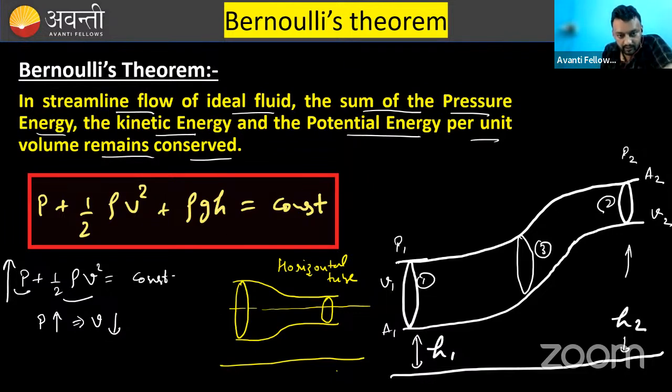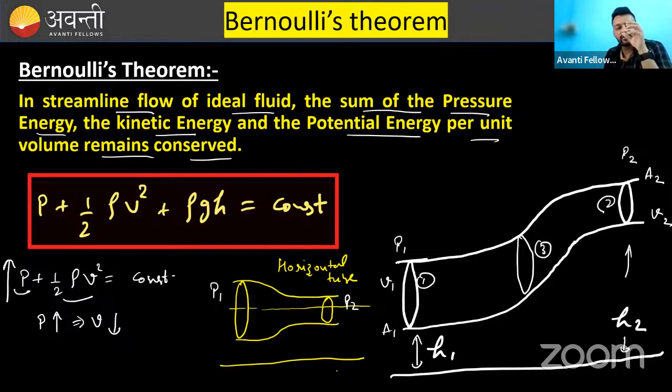Now, answer one question. Let's suppose here pressure is P1 and here pressure is P2. Why are kinetic energy and potential energy present? Chichuni is asking. So Chichuni, listen. Why is potential energy present? Because the water or liquid which is flowing is at a certain height from the ground.